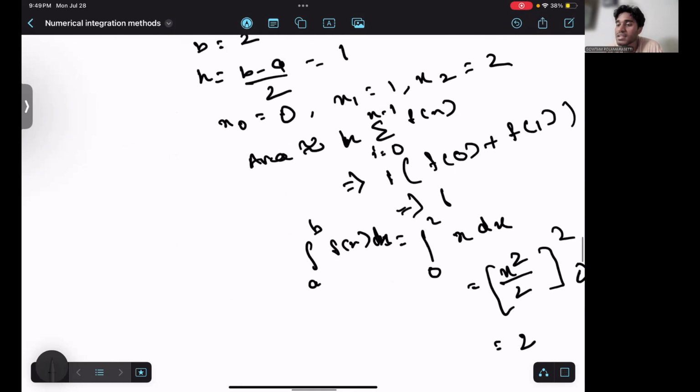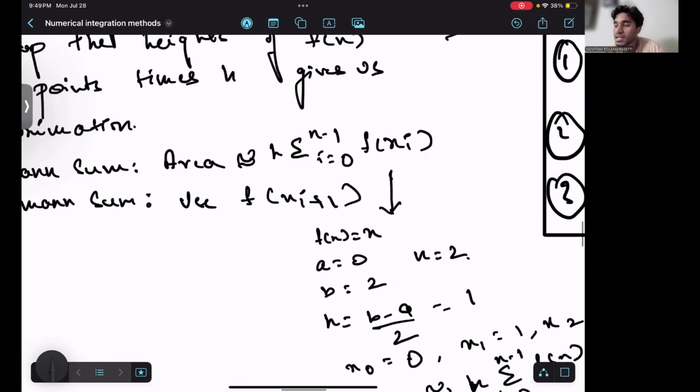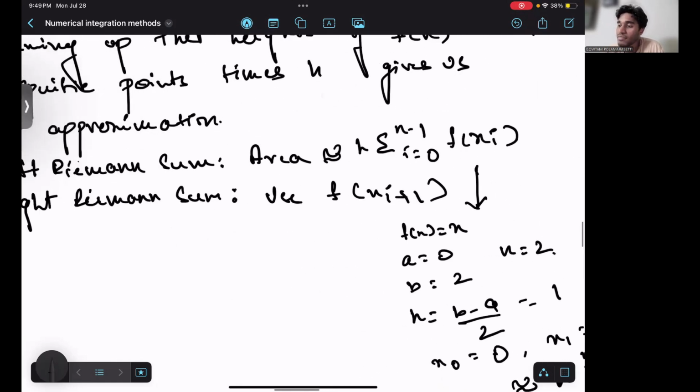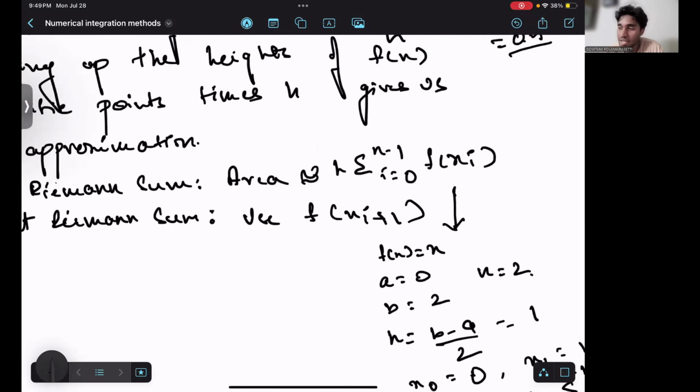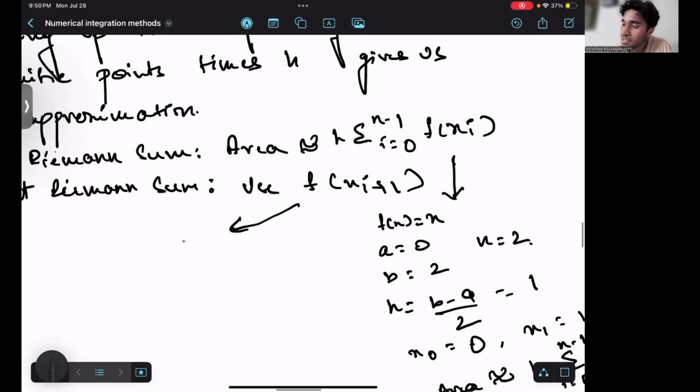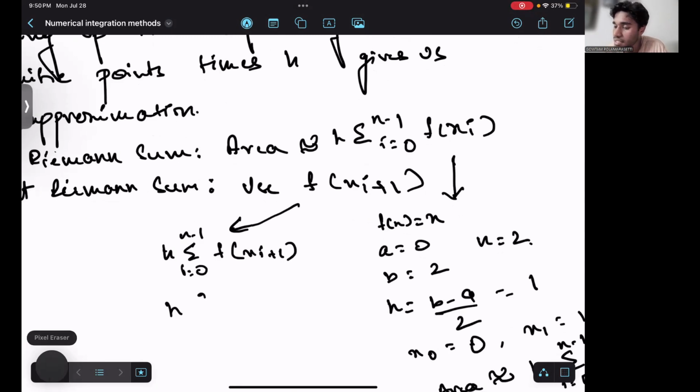In the same way, for the right Riemann sum, we use f of x of i plus 1 instead of x of i. So if in this example, we use f of x of i plus 1, here h is equal to 1.